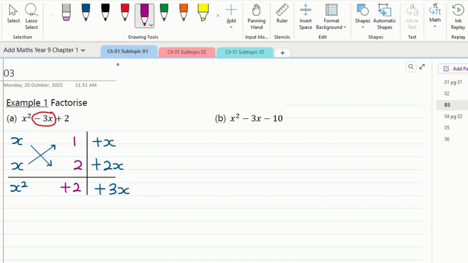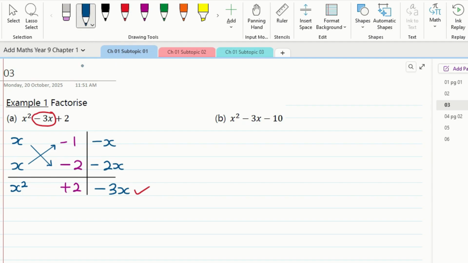So let's check. If we write down negative 1 and negative 2 over here, so negative 1 times x is going to be negative x, and negative 2 times x will be negative 2x. So over here, let's check it back. Minus 1x minus 2x is going to be negative 3x, and you have the correct expression already.